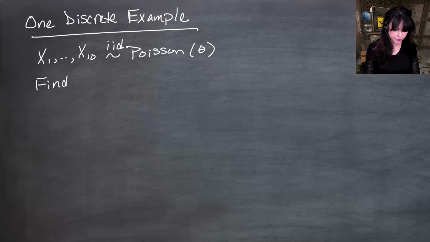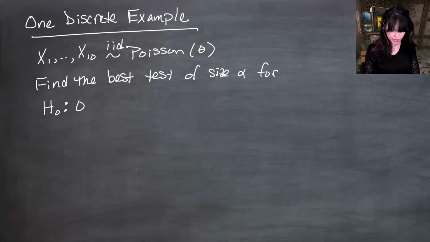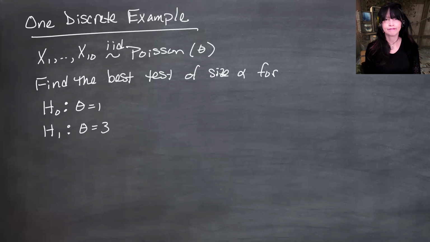Let's find the best or most powerful test of size alpha for the null hypothesis. Again, I want this to be a really concrete problem, so I'm going to take theta equals 1 just because I've been doing that all day, but things simplify nicely, versus something like theta equals 3. We do need a positive rate parameter for the Poisson.